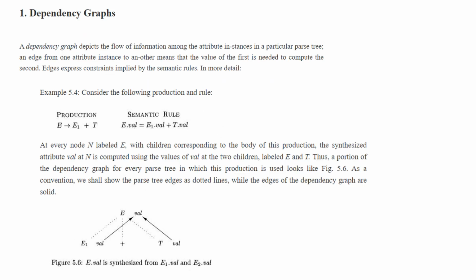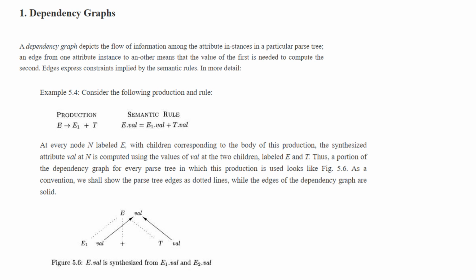Dependency graph: a dependency graph depicts the flow of information among attribute instances in a particular parse tree, which means how the information flows from node to node. It may flow from parent to child, child to parent, or between siblings.